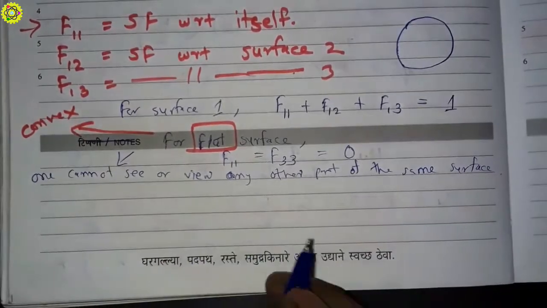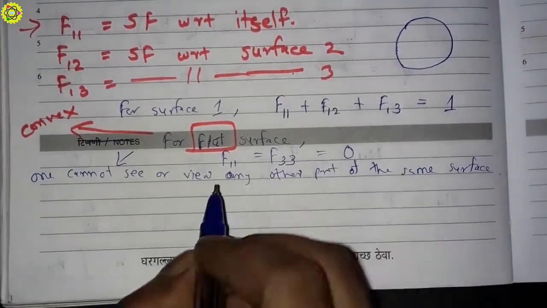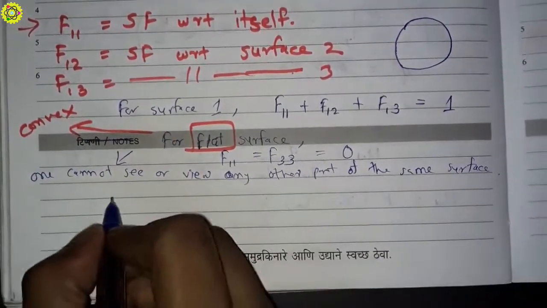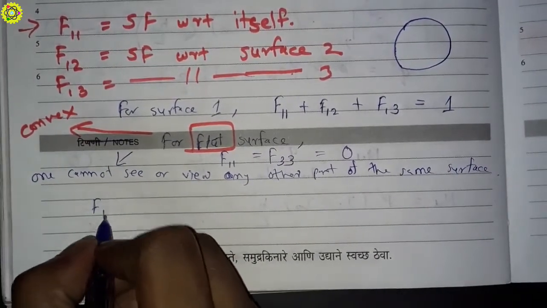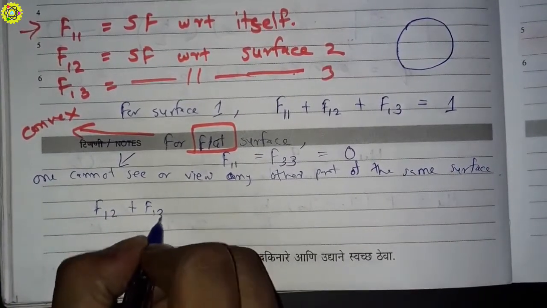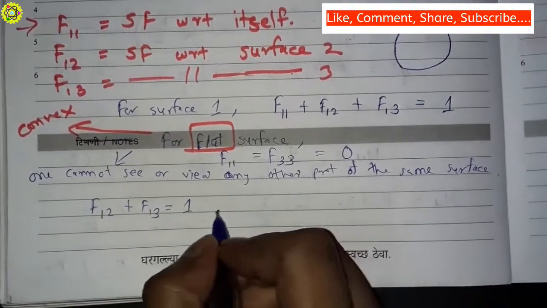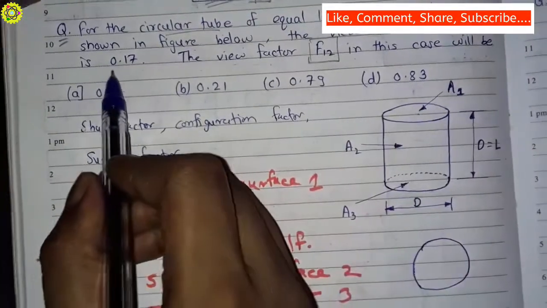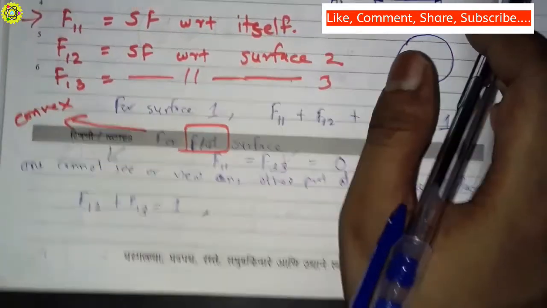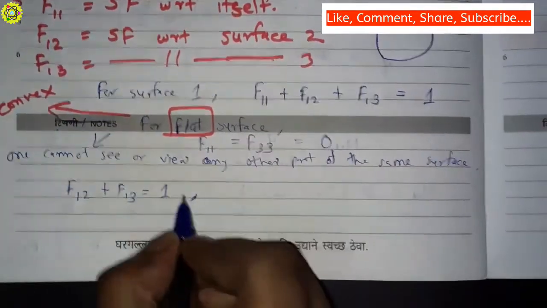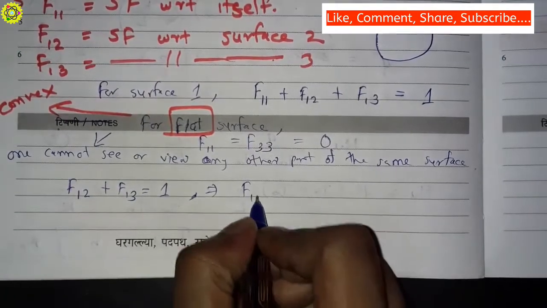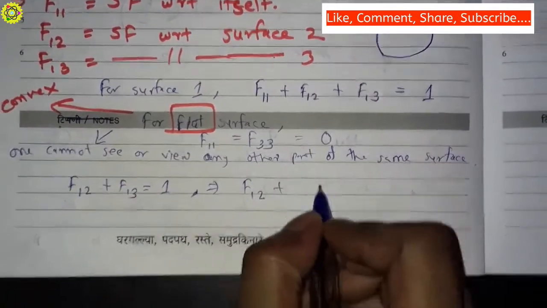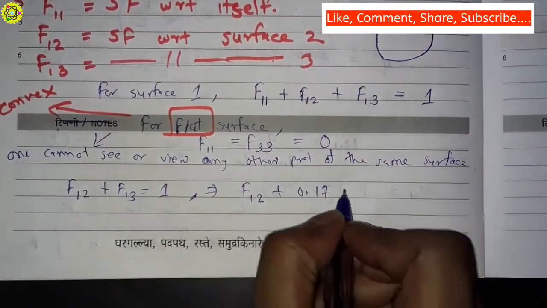Now, as we know F11 is 0, we have F12 plus F13 equal to 1. Now we put the value of F13, which is 0.17. So F12 plus 0.17 is equal to 1.